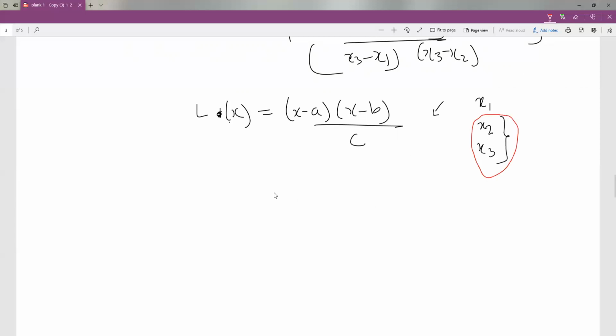We can achieve this only by introducing a equal to x2 and b equal to x3. Of course, I want to write the first one, L1 of x, the function weighing coefficient at the first node.